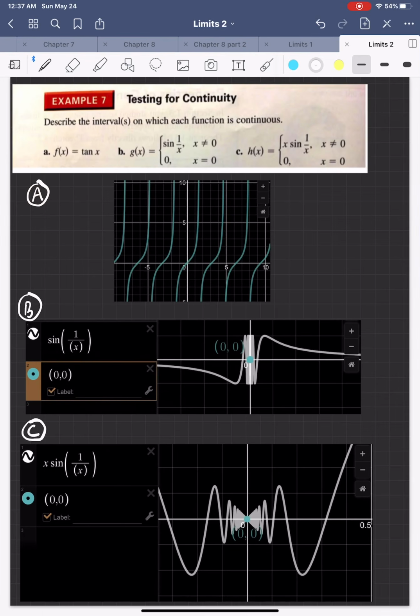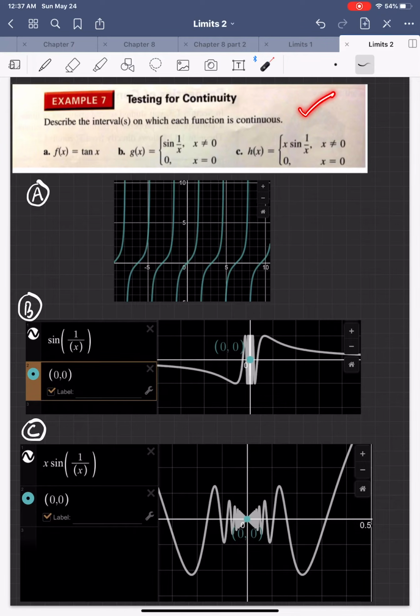Okay, so in the next example, we've already discussed some properties of continuity, and there's a theorem that I'm going to punt on for a little bit, but it'll come back.